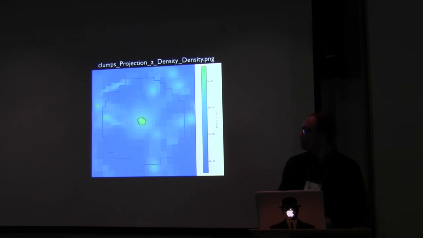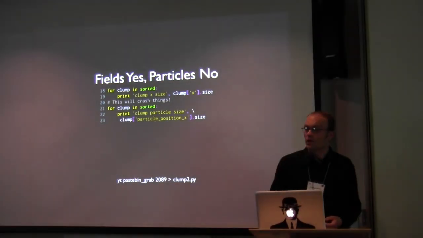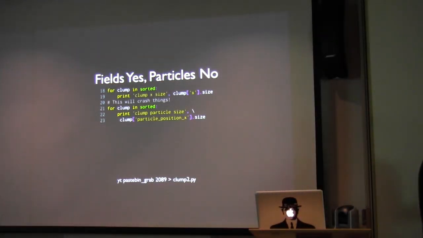But as I was saying in an earlier slide, clumps can be, in many ways, acted on like other data containers. You can pull fields out. So what I'm doing on lines 18 and 19 is I'm iterating over the clumps that I found, and I'm looking at how many cells are in them, which is what the x parameter does.